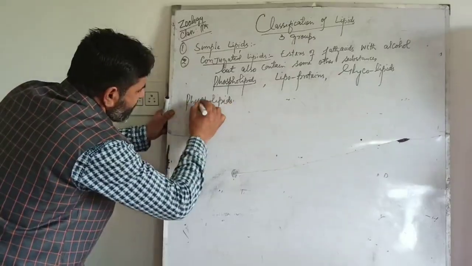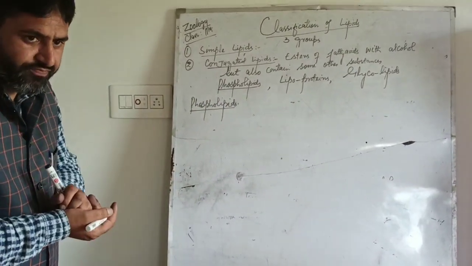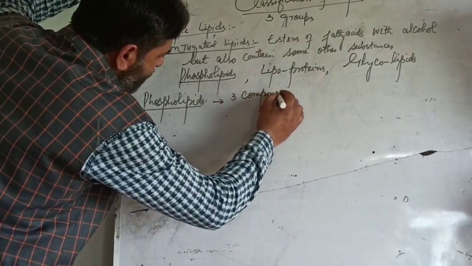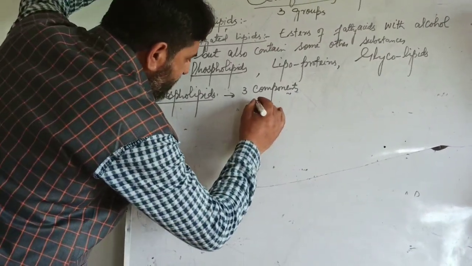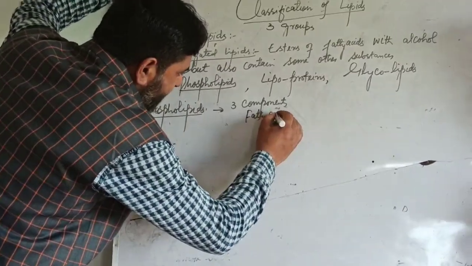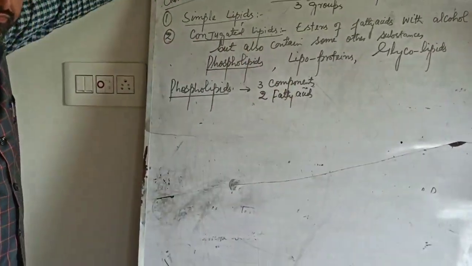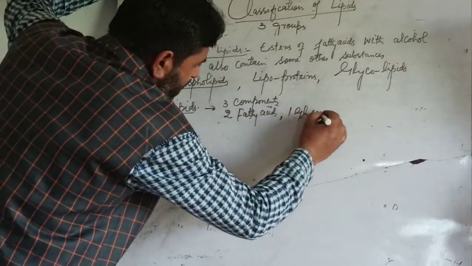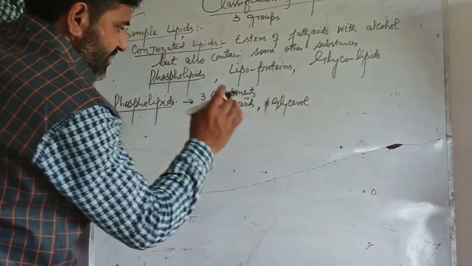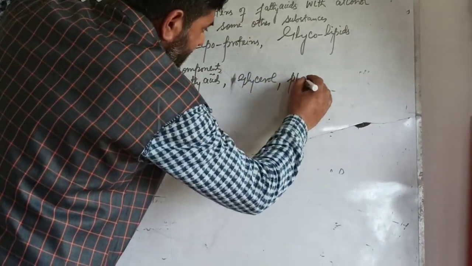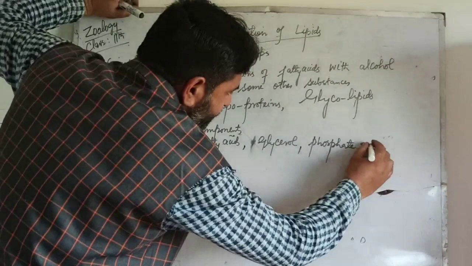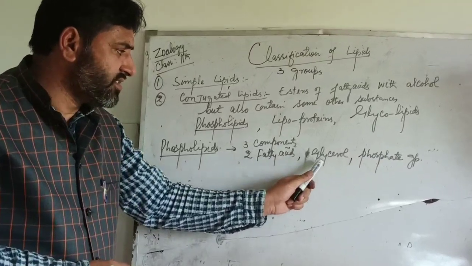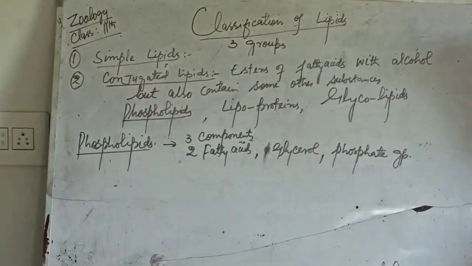Phospholipids are a very important biomolecule. This phospholipid molecule is made up of three components: two fatty acids, one glycerol molecule, and a phosphate group.